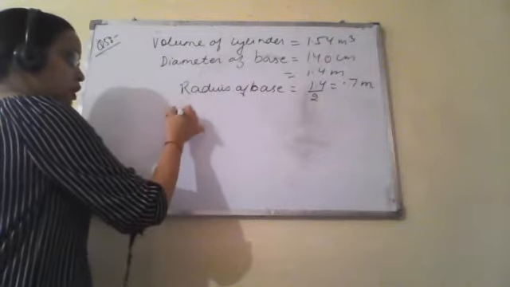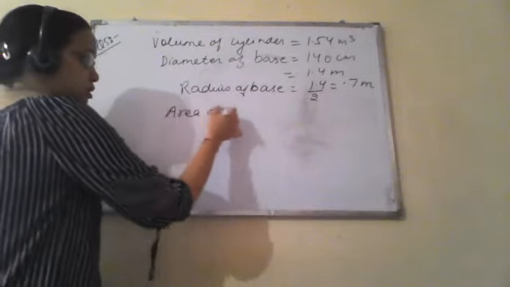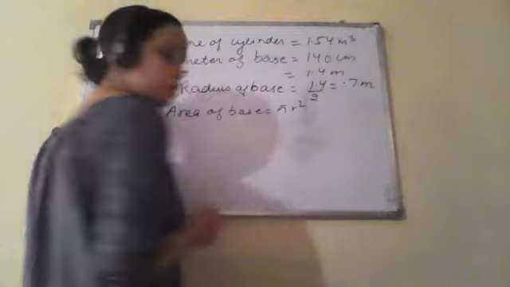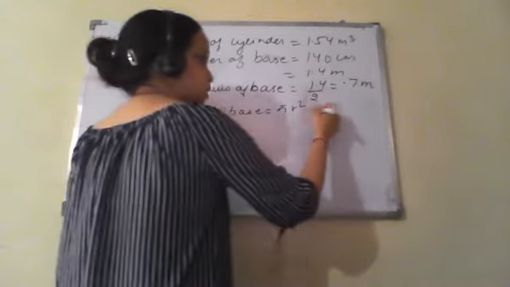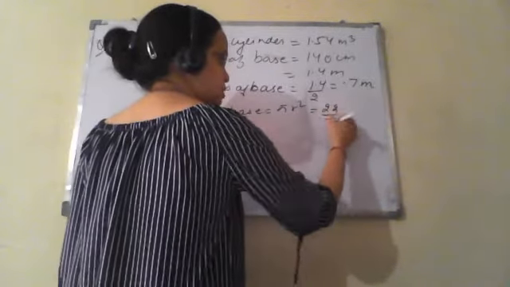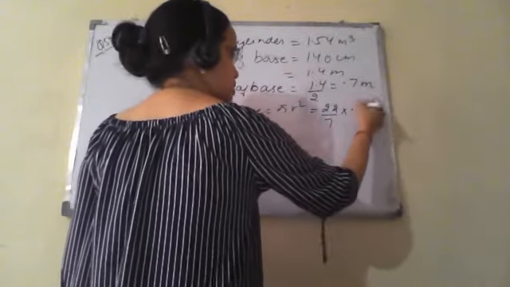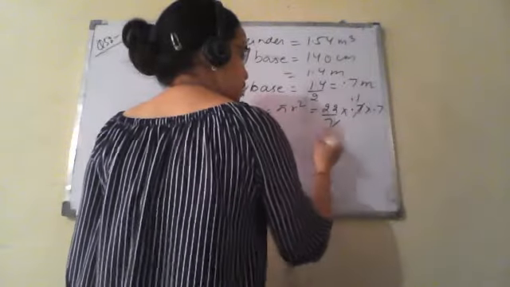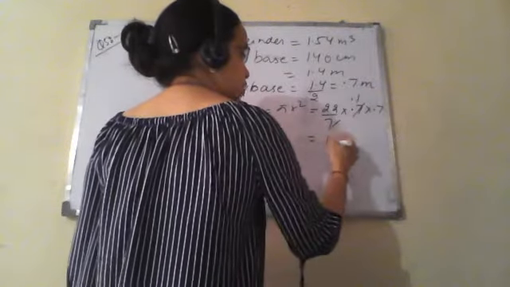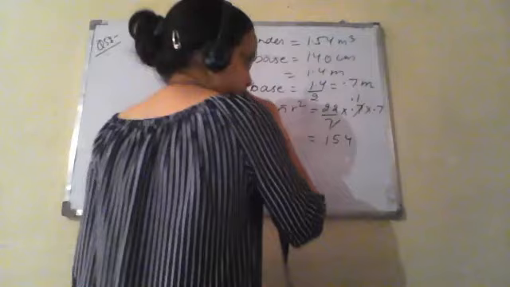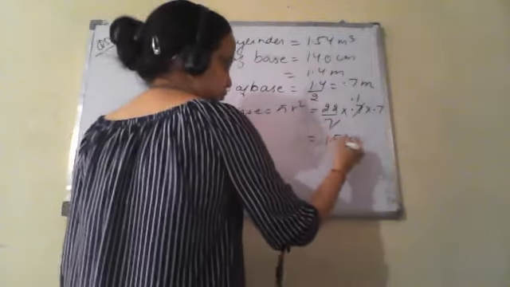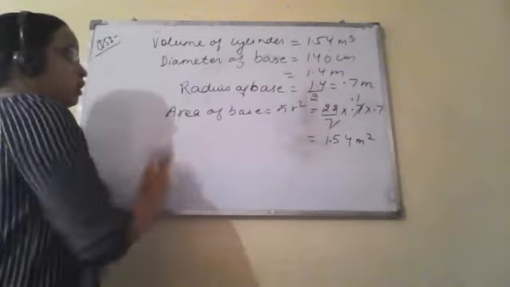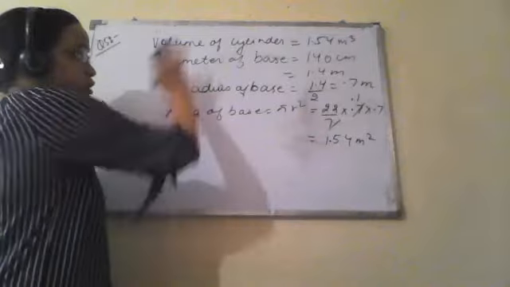Now we can calculate area of base. It will be pi r square. Okay, so what is pi? Pi is 22/7 and r is 0.7. 0.7 into 0.7. This is 1.54 meter square. Okay, now we have area of base, we have volume.